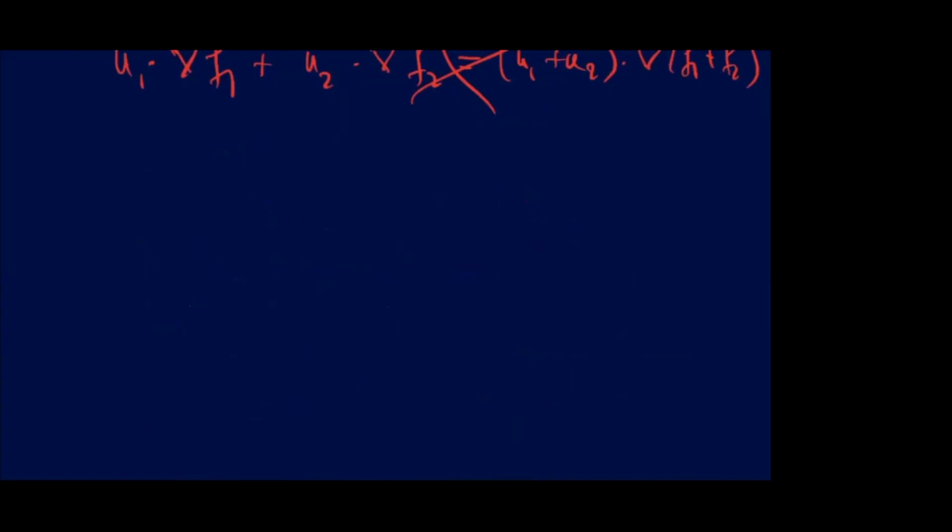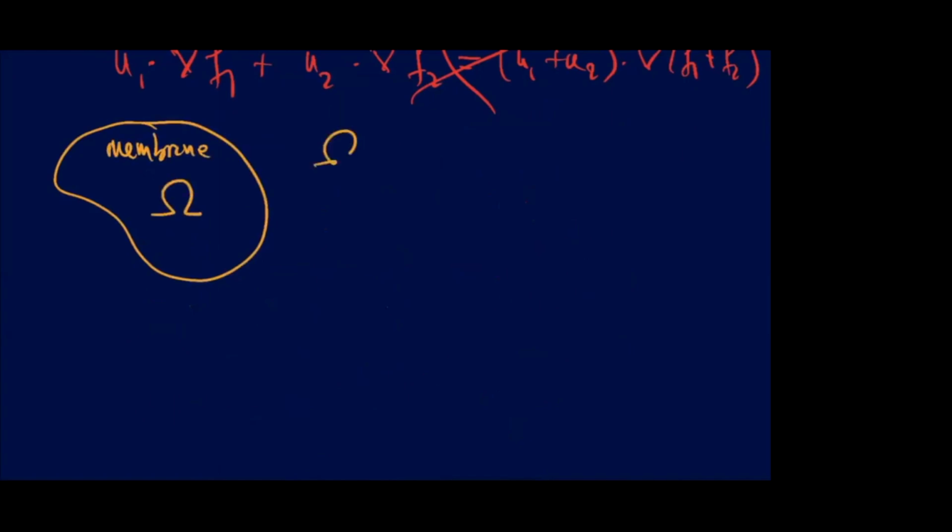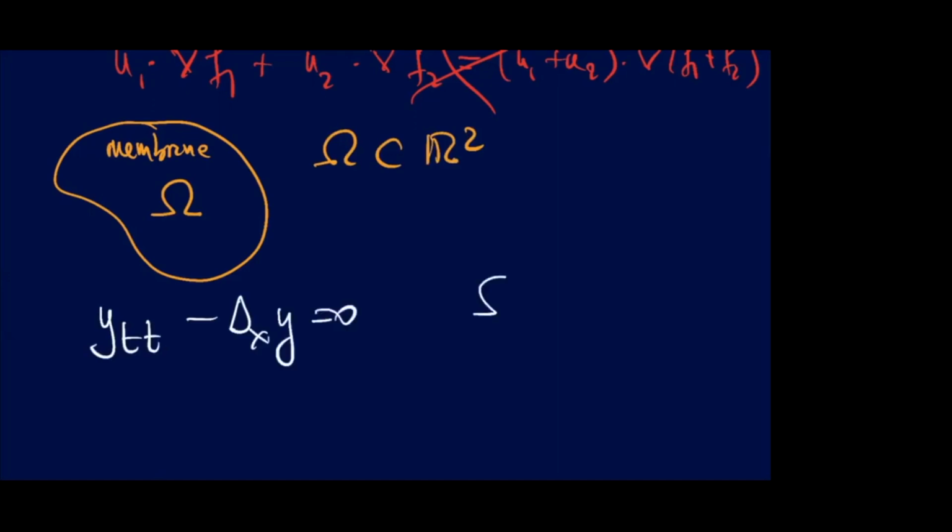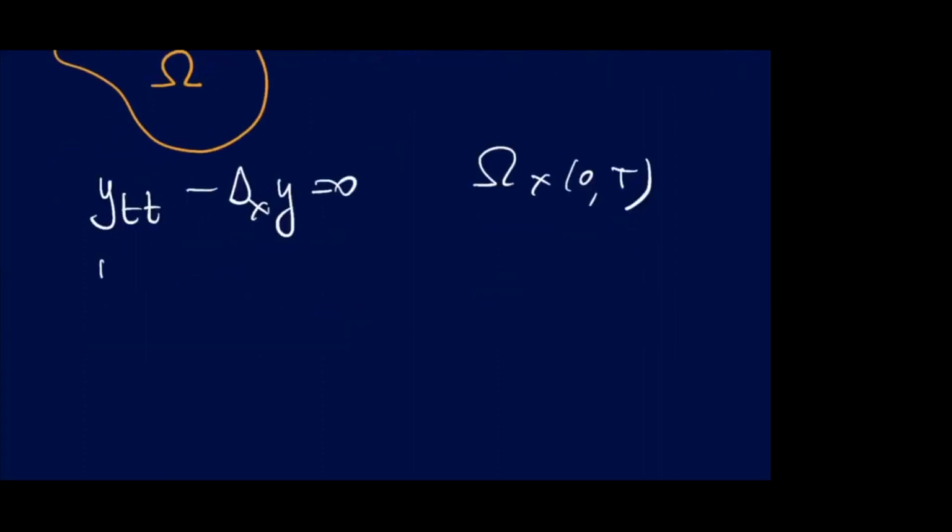It would be much more natural to take, for instance, a drum, right? So take a membrane occupying the domain omega in R2, right? And consider the wave equation for the vibration of that membrane, right?